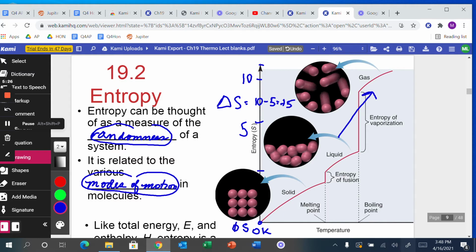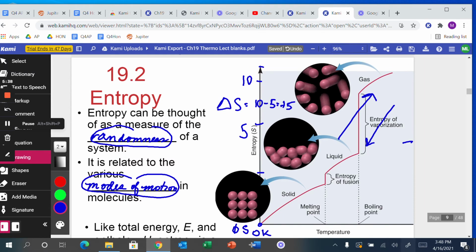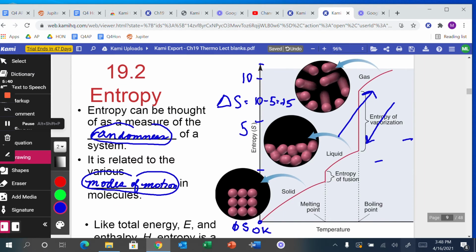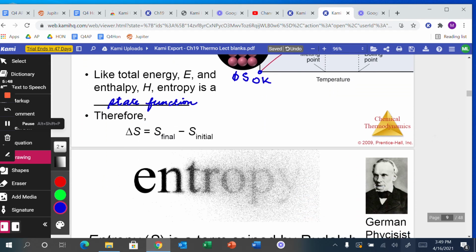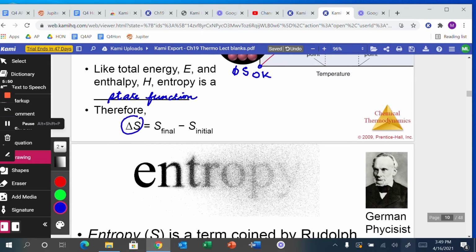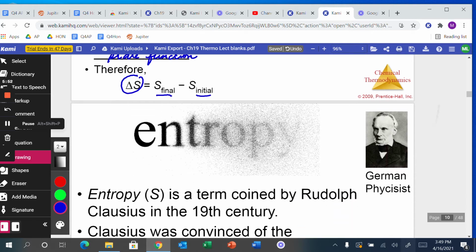But if you're going down to liquid, it's becoming more ordered, so you do liquid, which is 5, minus 10, and you get a negative delta S. And that is not spontaneous, because it's not spontaneous for gas to go to liquid. It would rather turn into gas. So again, delta S is always final minus initial.